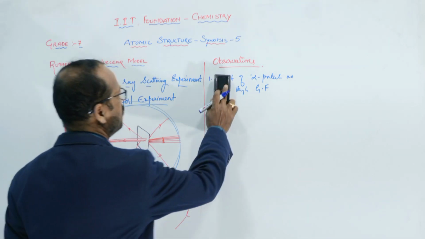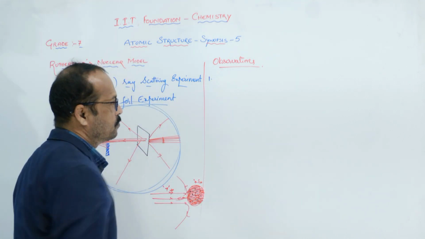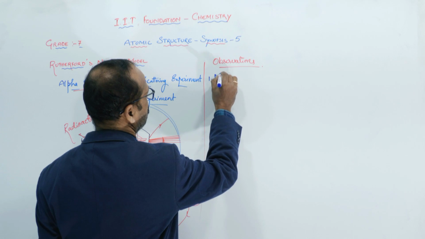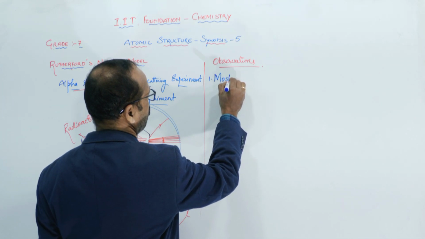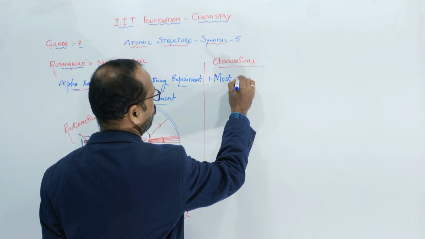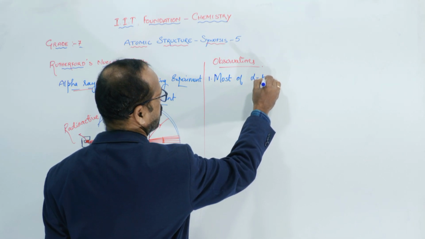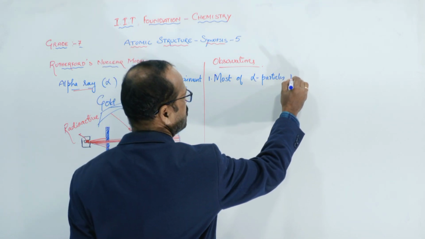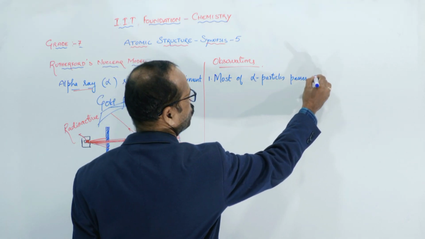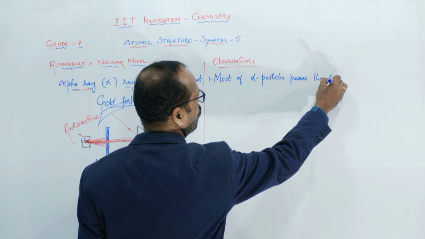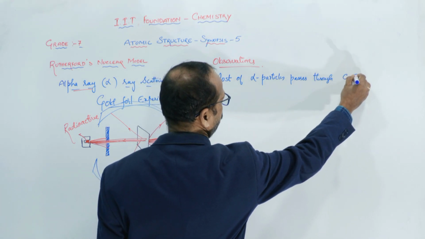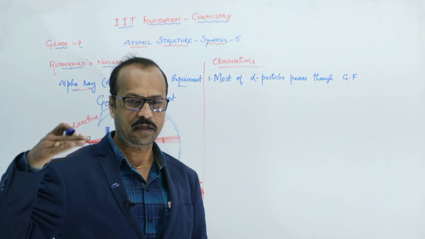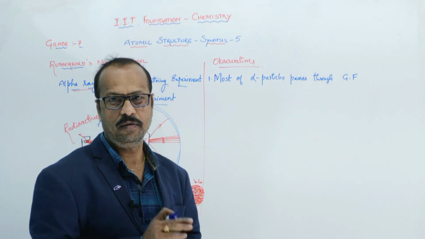Let me write a little neater, the writing is not good here. Most of the alpha particles pass through the gold foil. I am writing GF for short, gold foil. So most of the alpha particles are passing through the gold foil, right?